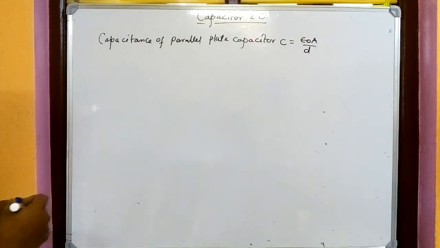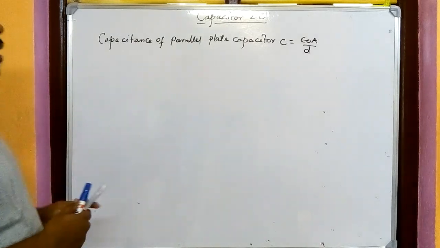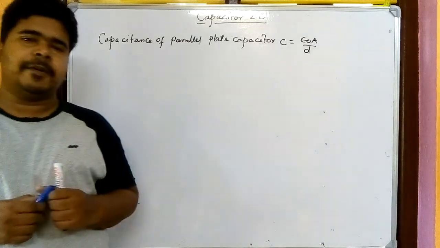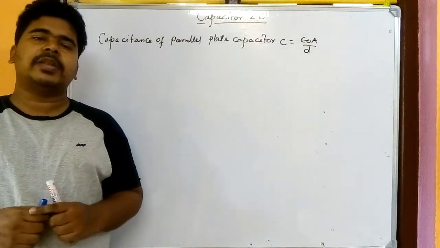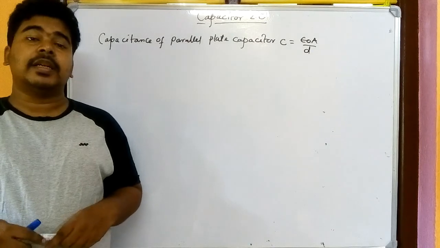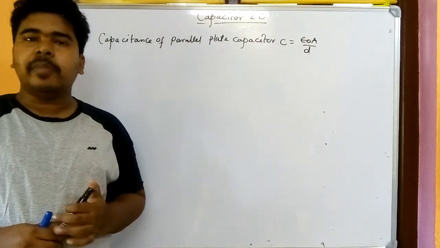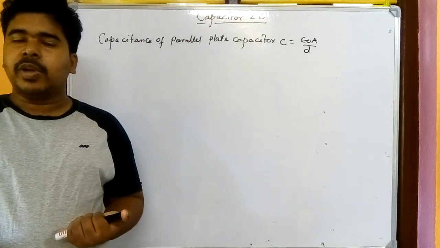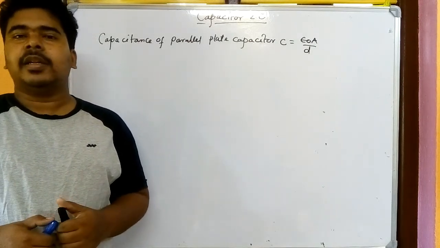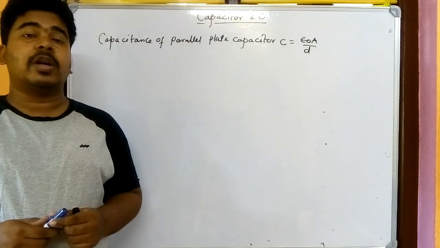Okay. Today we'll learn that if we need a desired capacitance in a circuit, then how are we able to generate it? Maybe the capacitor we have there, the desired capacitance I am not getting.